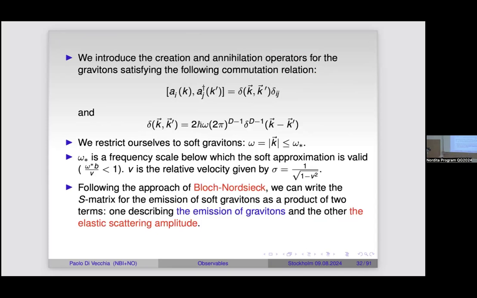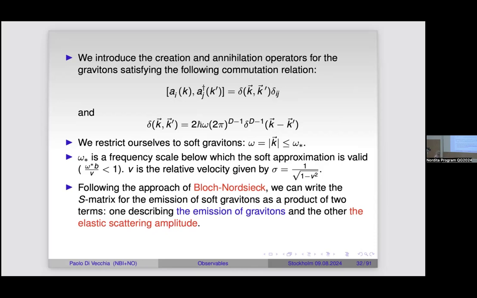So you introduce the creation and annihilation operators for the graviton, where delta is given in this expression, and I restrict to soft gravitons. More explicitly, this is a dimensionless quantity, and this quantity means less than 1.